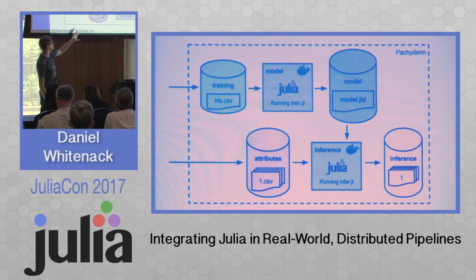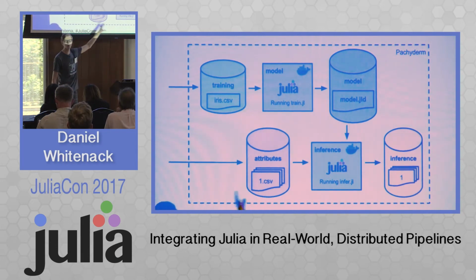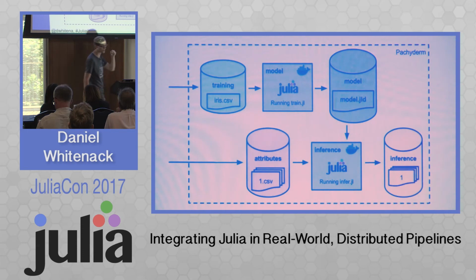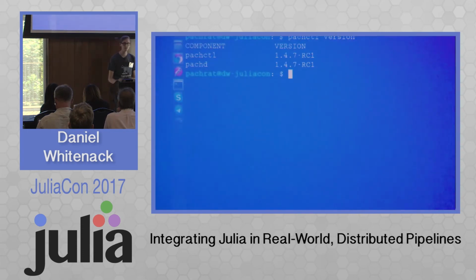The first thing we need to think about is that we have two collections of data on the left that are the inputs for our pipeline. They're driving everything else. We have our training data, and then we have these attributes that are input to our inference. So the first thing we need to do is create those inputs for our pipeline.